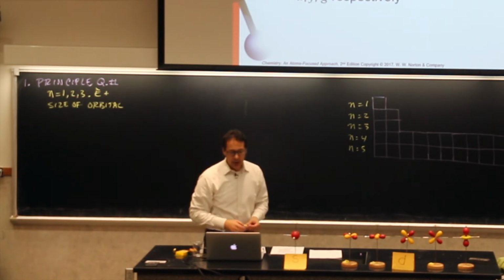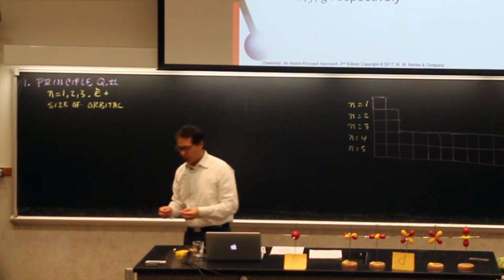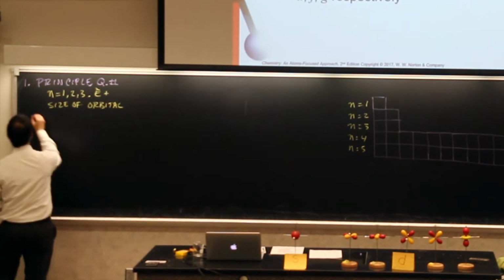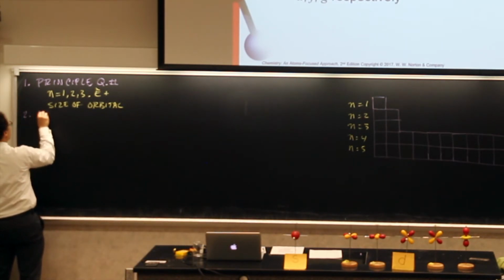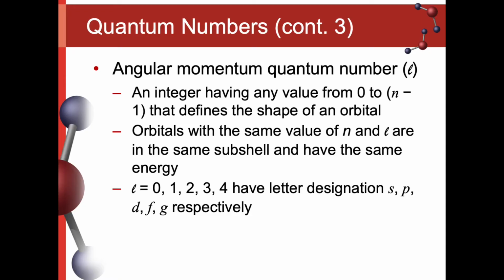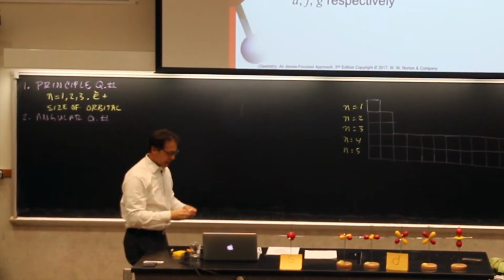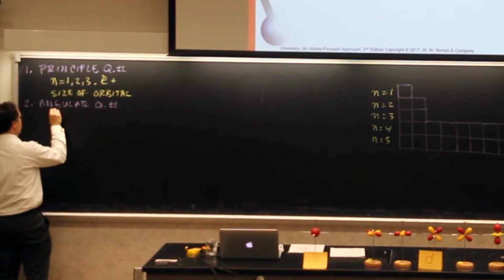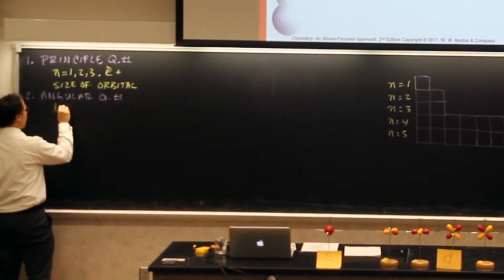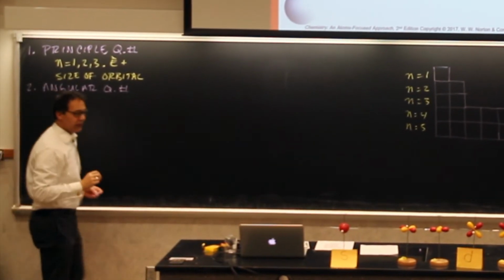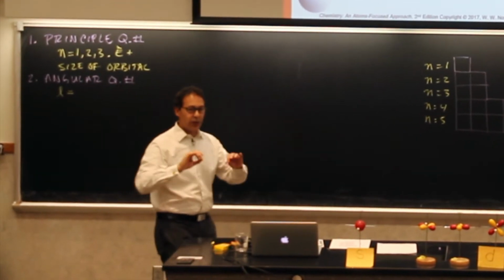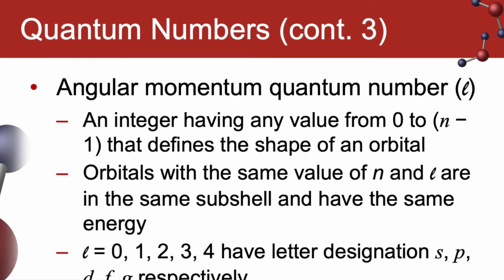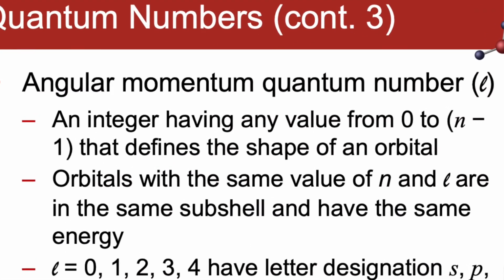Our next quantum number is called our angular quantum number. So number 2 here, angular quantum number. And this is shown as a subscript L. And this is going to be equal to whole numbers between 0 and less than n.